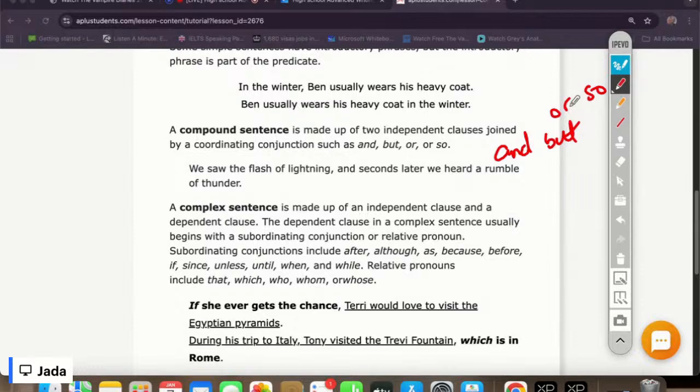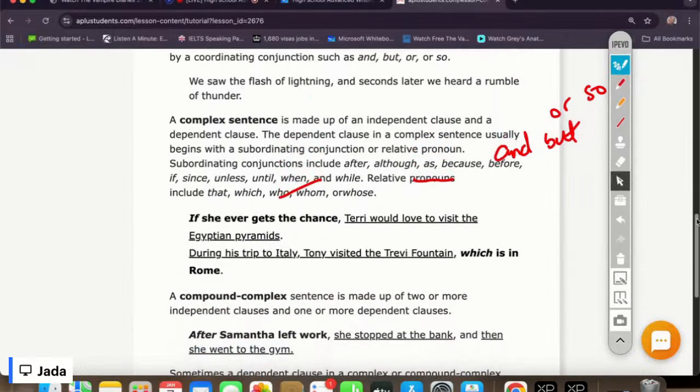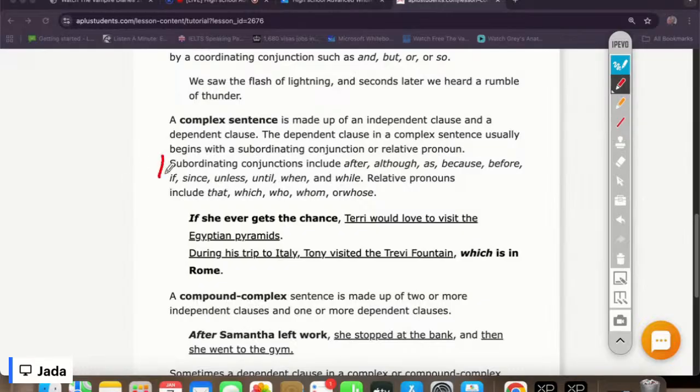So that's the compound sentence. It is made up of two independent clauses. We saw the flash of lightning, and seconds later we heard a rumble of thunder. Okay. So a complex sentence is made up of an independent clause and a dependent clause. A dependent clause in a complex sentence usually begins with a subordinating conjunction or relative pronoun.